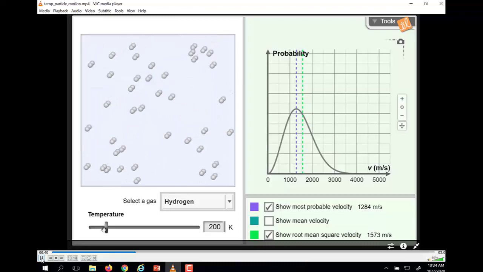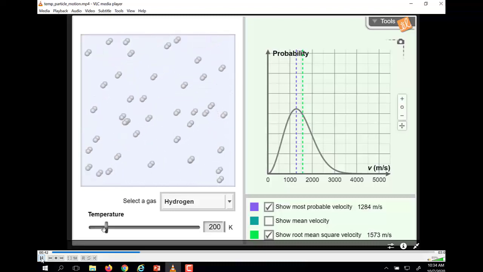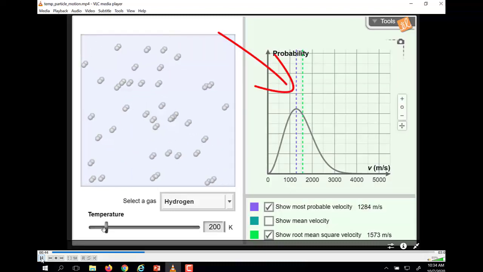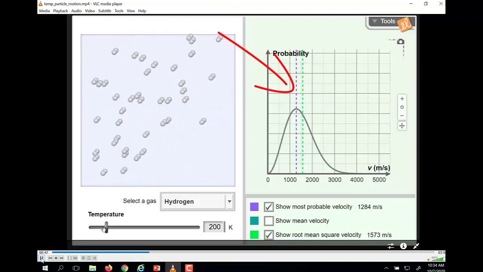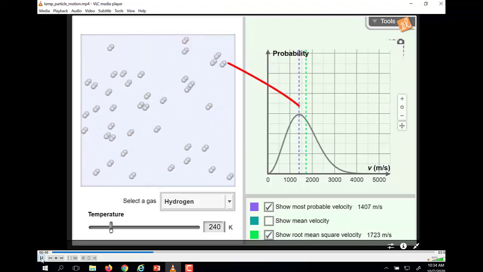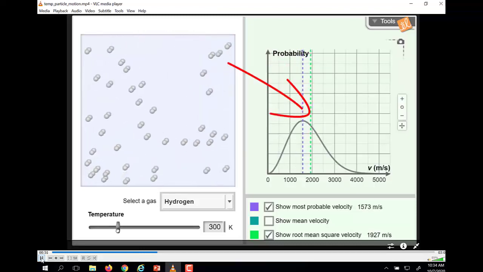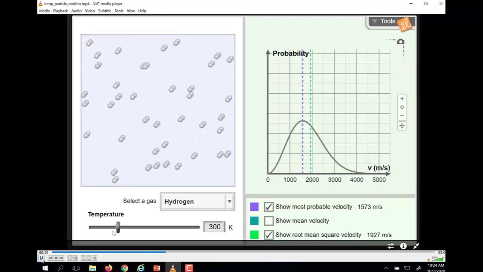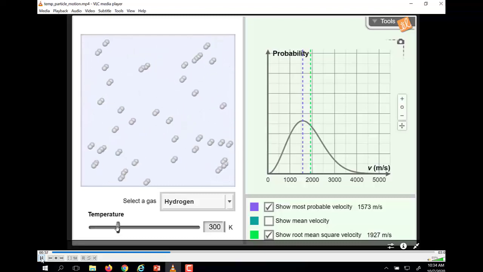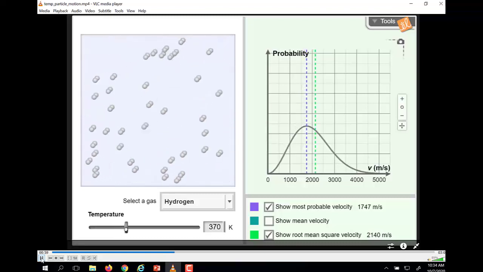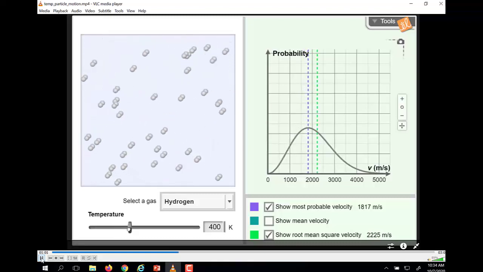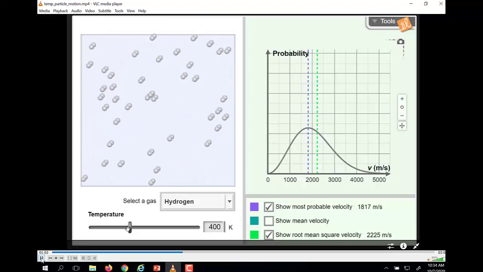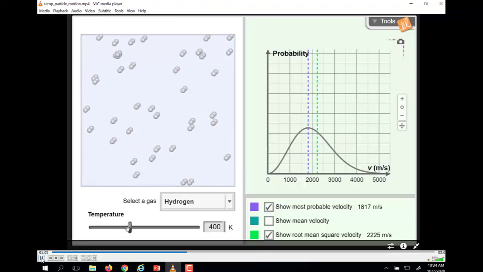So we've just increased the temperature to 200 Kelvin. You can see that there's the most probable velocity, which is indicated by the dashed purple line, and then also the root mean square velocity. The average velocity or the root mean square velocity is skewed a little bit to the right because of the fact that we have particles that have really high velocities, and we don't know exactly what those velocities are.